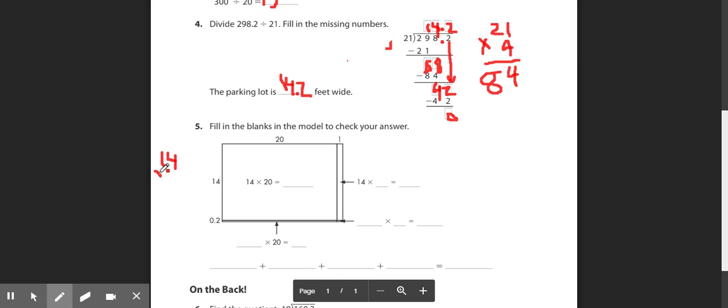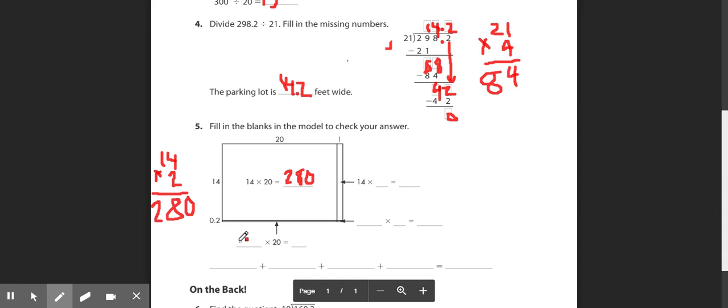And who knows a shortcut for multiplying 14 times 20? You can do 14 times 2. Okay, so 20 has a 0, right? So right now we're going to remove the 0 and do 14 times 2. 2 times 4 is 8. 2 times 1 is 2. And now in my product, I'm just going to add that 0 back at the end. So 14 times 20 is 280.